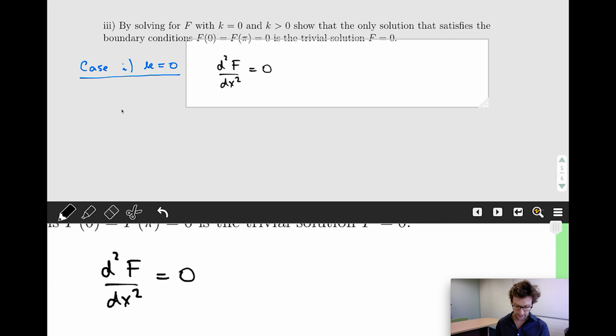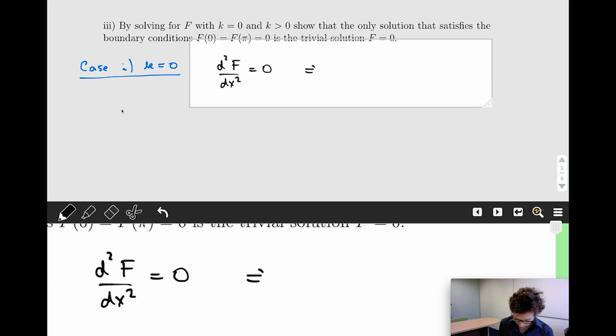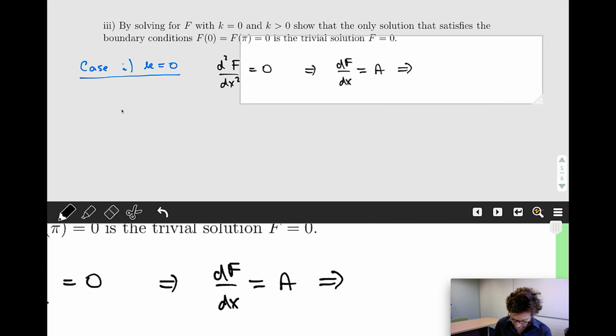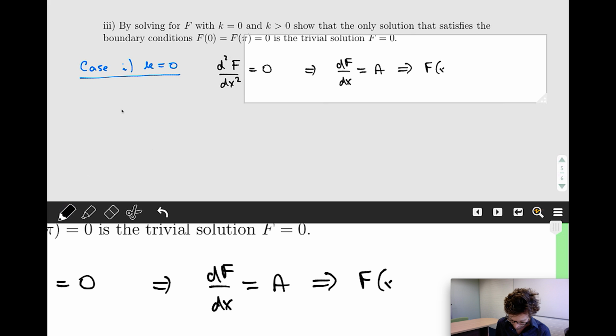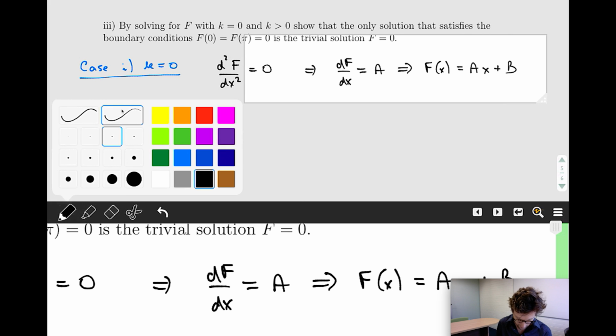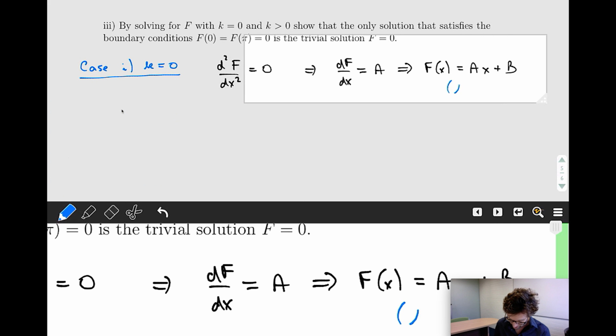So we can immediately integrate this twice. Integrate it once to get df dx equal to a constant, and integrate it again to get f of x equal to ax plus b. So this is a function that depends linearly on x. It's just a straight line.